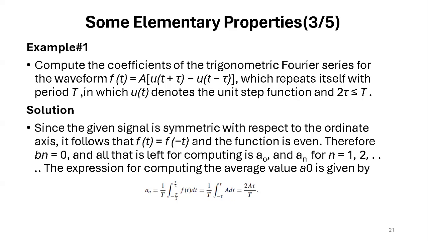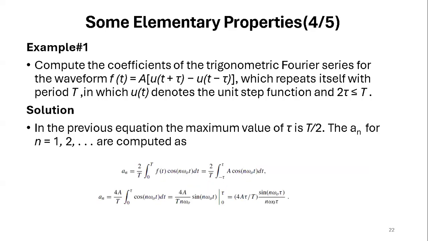Now, for the time period of a periodic signal, a time shift delta t is equal to a time shift of a periodic signal. In the previous equation, the coefficient a n is equal to two over the period, integral of f of t cos n omega t dt.